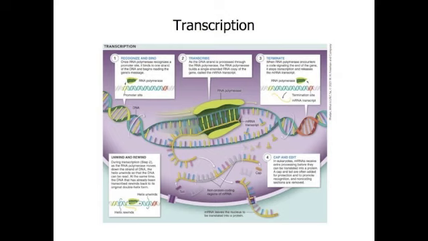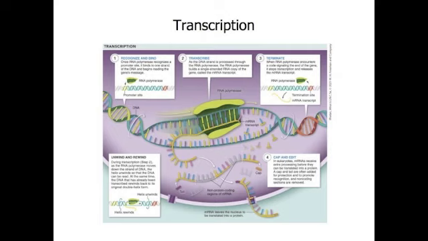If the DNA strand has a thymine or a T, an adenine is added to the mRNA. If the DNA strand has an A or an adenine, a uracil is added to the mRNA. If the DNA strand has a guanine or a G, a cytosine or C is added to the mRNA, and if the DNA strand has a cytosine, C, a guanine, G, is added to the mRNA.